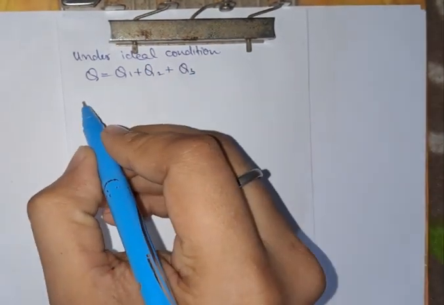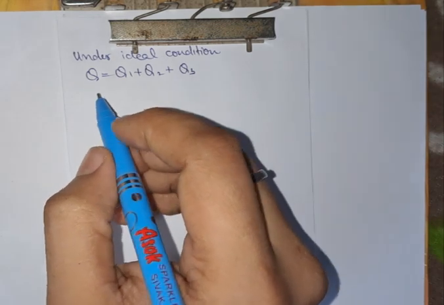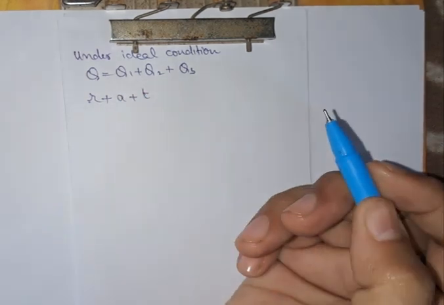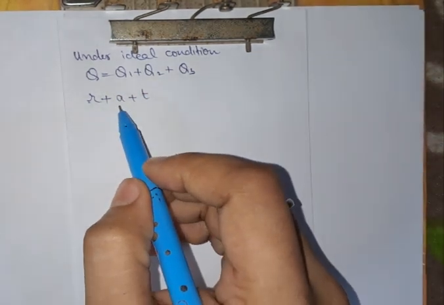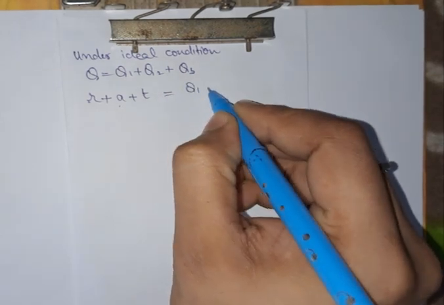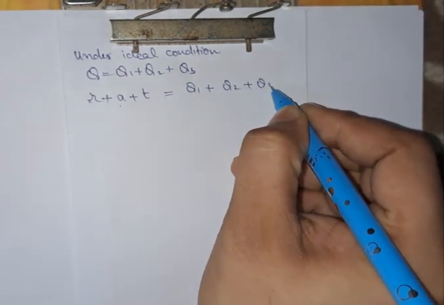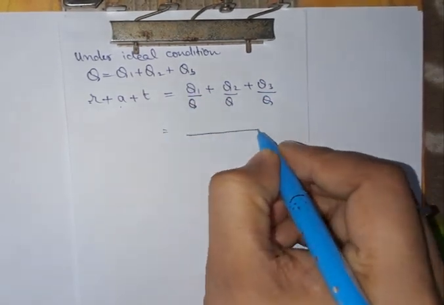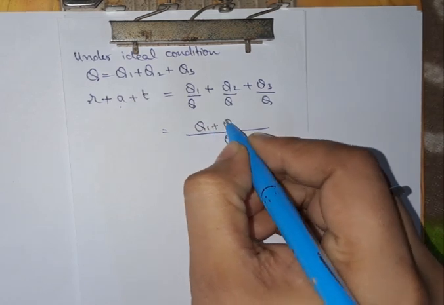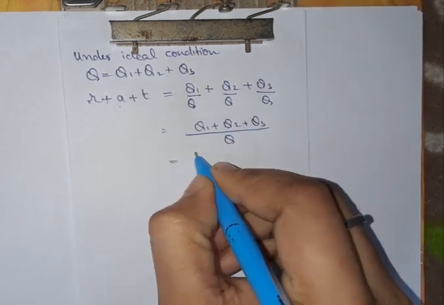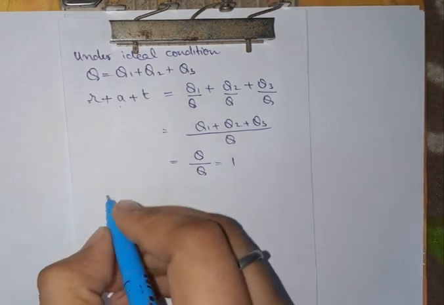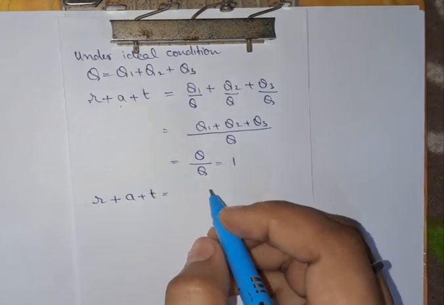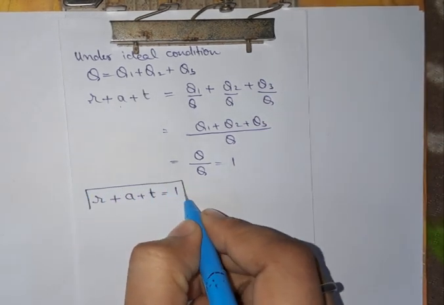So R plus A plus T, that is reflectance plus absorptance plus transmittance, is equal to Q by Q, that is 1. So reflectance plus absorptance plus transmittance is equal to 1.